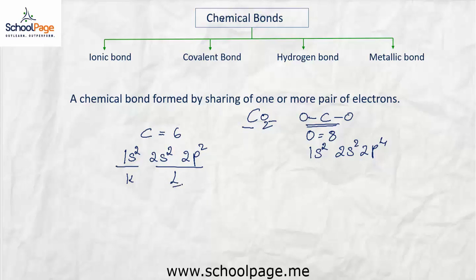Note that the L shell has 4 electrons, 2 plus 2. Even in oxygen, 1s2 goes to K shell and 2s2 and 2p4 goes to L shell. Here, oxygen has 2 plus 4, that is 6 electrons in the outermost shell or the L shell. So, carbon has 4 and oxygen 6 in the outermost shell.